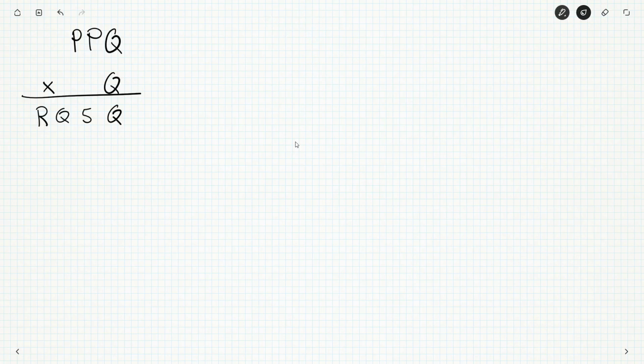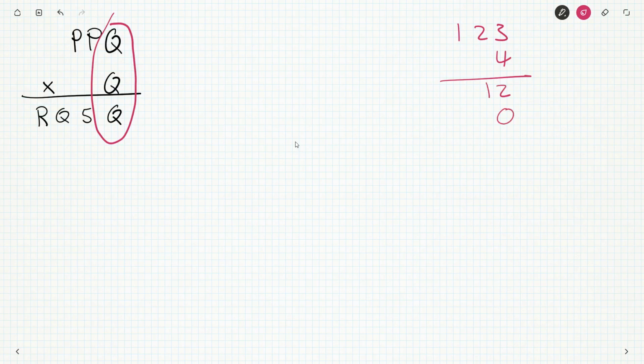And so, just looking at the units digits, right, because when we do something like 123 times 4, you do 4 times 3 is 12, and then you put a 0 here, 4 times 2 is 8, and then you put 2 zeros here, 4 times 1 is 4, and we add them all up.